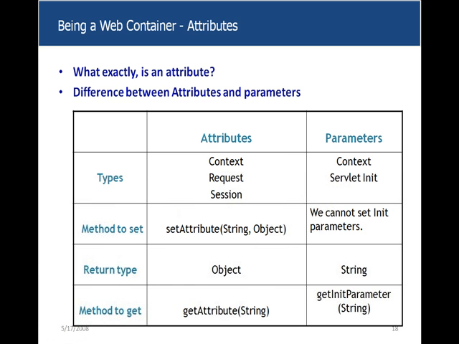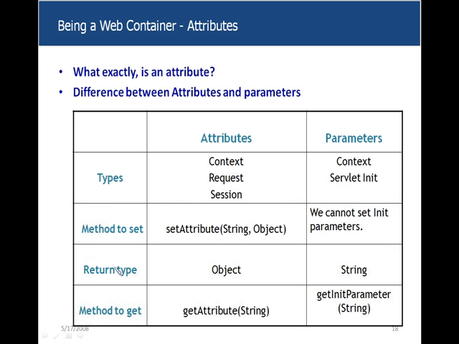So if you have some value which changes often, say you want to set a value now and later the value can change and you want to set another value, you cannot do that using parameters. You can only do that using attributes, because for parameters it is a one time process, in web.xml at deployment time. Whereas with attributes, you can get and set the values any number of times.